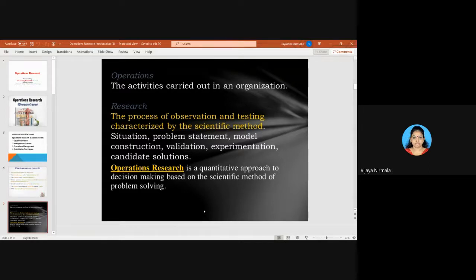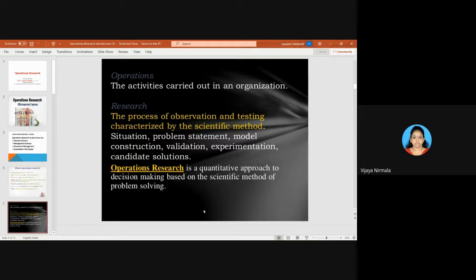You can see what things are involved in the research. The first one is the situation. You will first identify what the situation is, and in the situation you will have a problem statement. Based upon the situation, you will come to know what the exact problems are, and that problem statement is defined. Based on the problem, you will construct a model.